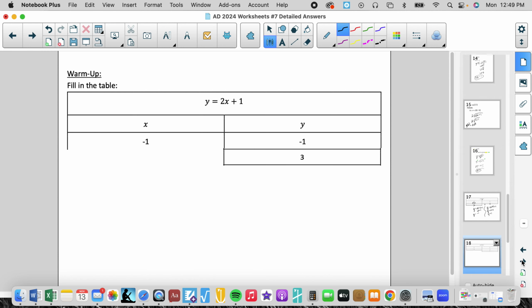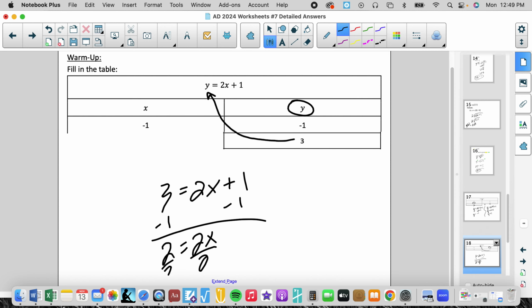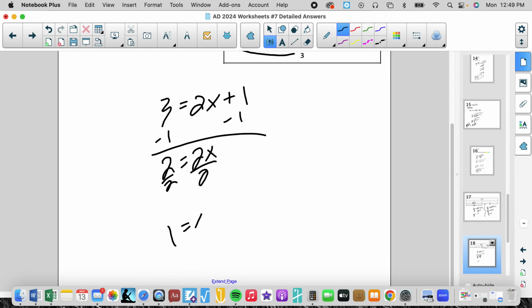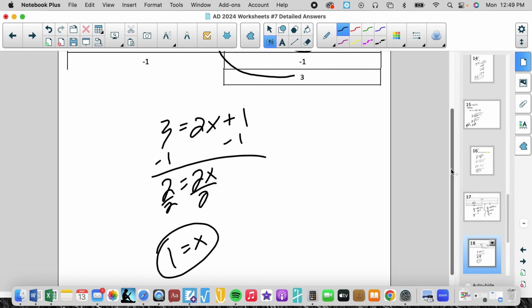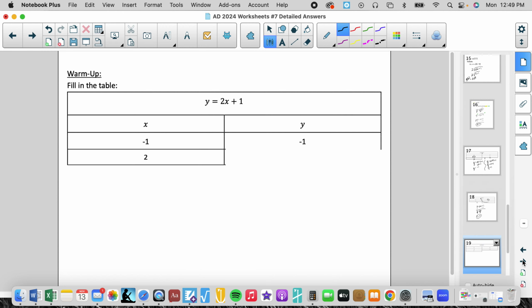Let's do it when y equals 3. So this time we're going to set y equal to the 3, because 3 is my y value. And then we're going to solve. Minus 1, you get 2 equals 2x. Divide by 2. We get 1 equals x. So when x equals 1, y equals 3. And the last one, let's do 2 in for x, because it's in my x column.